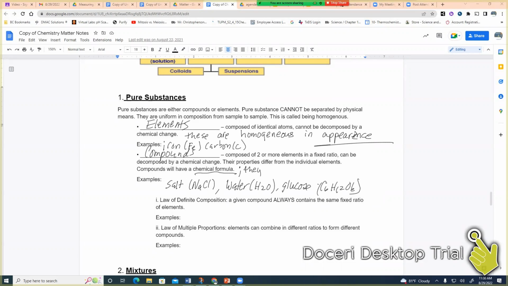And they are also homogeneous in appearance. That's why you'll see I bring it up some. They're going to be the same throughout if I have a sample.